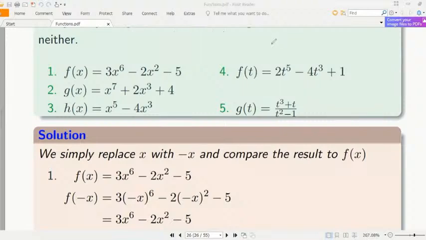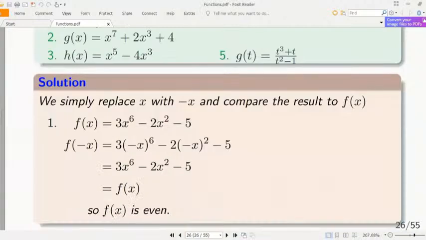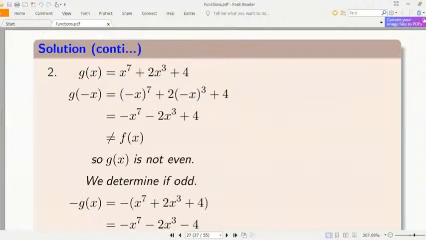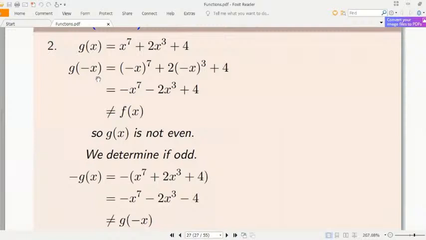Let me just look at my explanation for number 2, because it is the one I've been doing. I began with this, then I found g of negative x to be this. Then this one is just supposed to be g of x, not f of x.